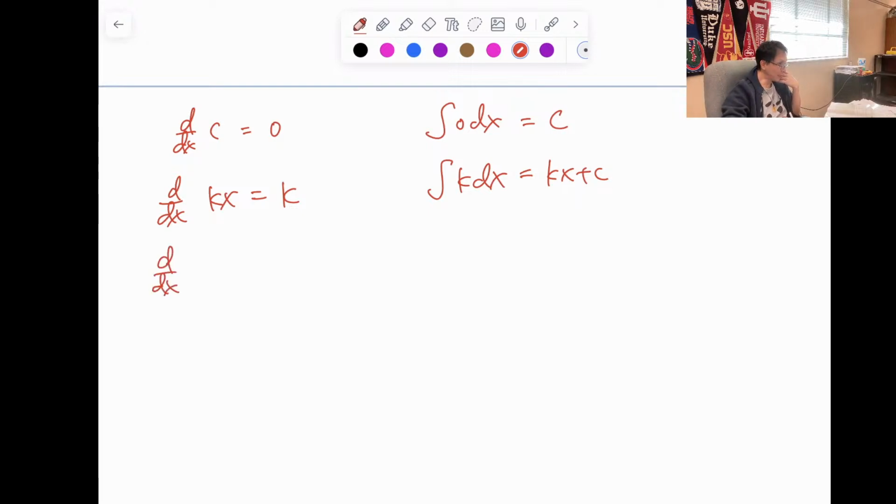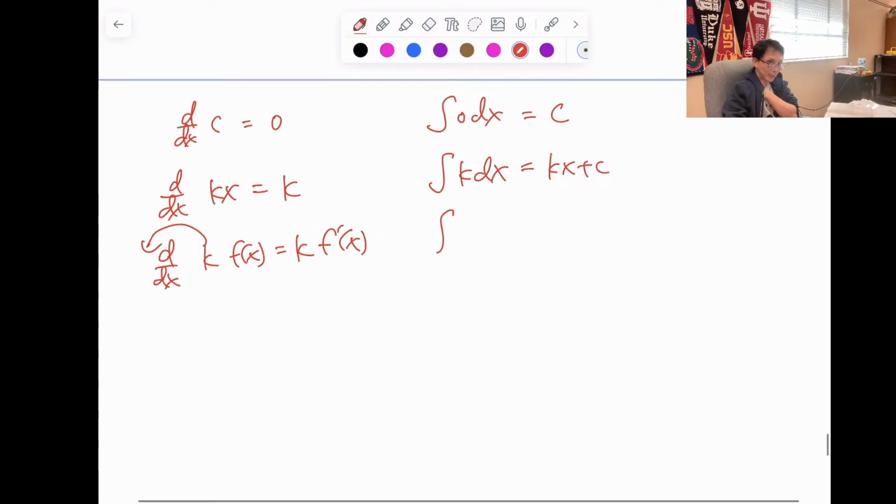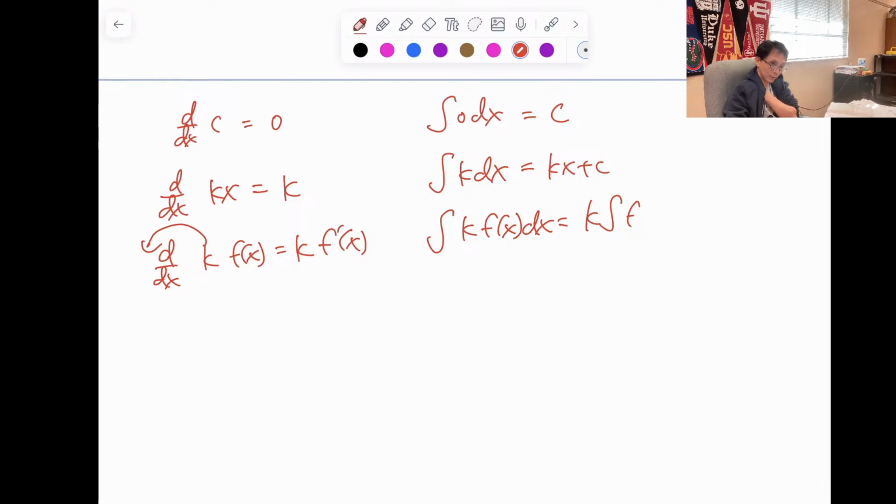So if I take the derivative of k times f of x, you can take the k out, and just focus on taking the derivative of f of x, and that's going to give you k times f prime of x. So when you take the integration of k times f of x, it's the same thing: you can take the k out of the integral of f of x dx.